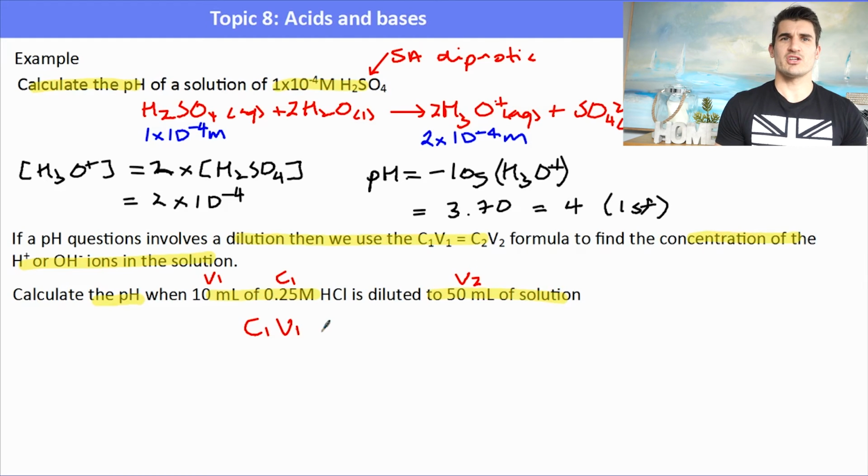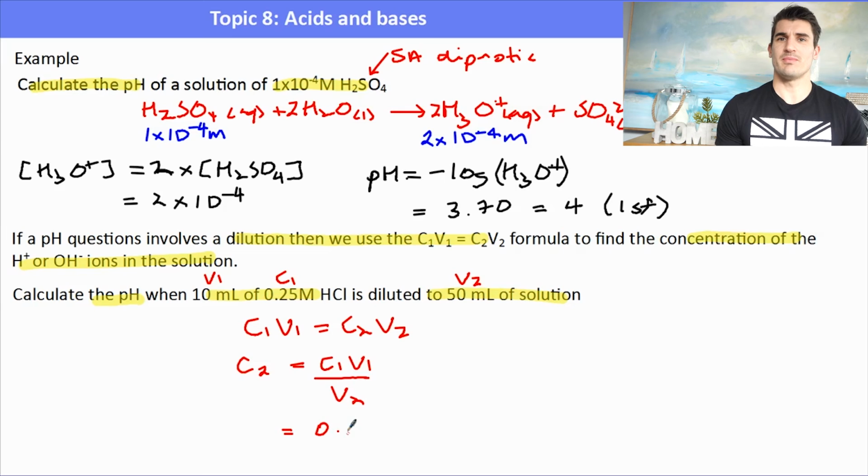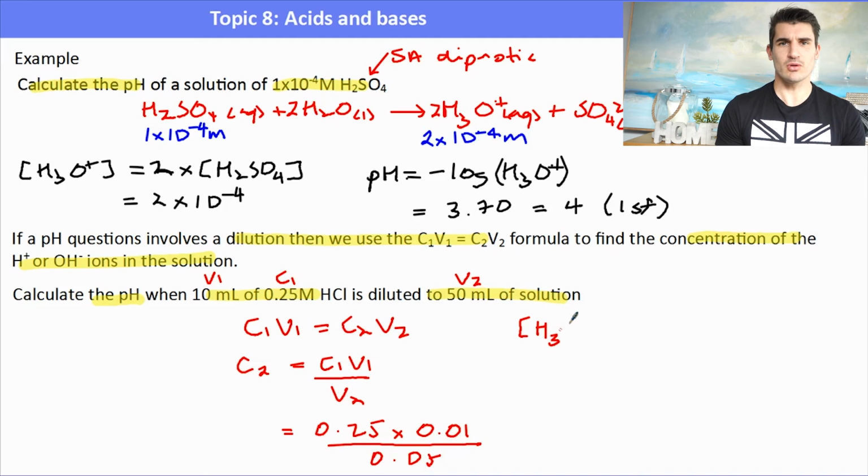So rearranging the equation, C2 will be equal to C1V1 over V2. C1 will equal our concentration, 0.25. V1 will be 0.010, making that into decimeters, divided by our final volume, which was 50, which was 0.05. So the H3O plus concentration after we do this dilution will be equal to 0.05 molar.